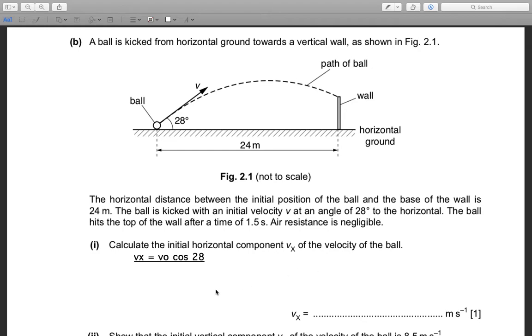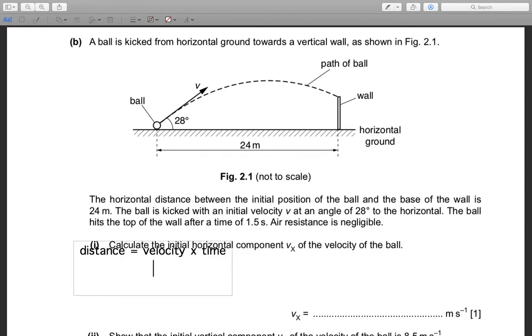The question I: calculate the initial horizontal component Vx of the velocity of the ball. Because in the x direction there is no acceleration, distance equals velocity times time.